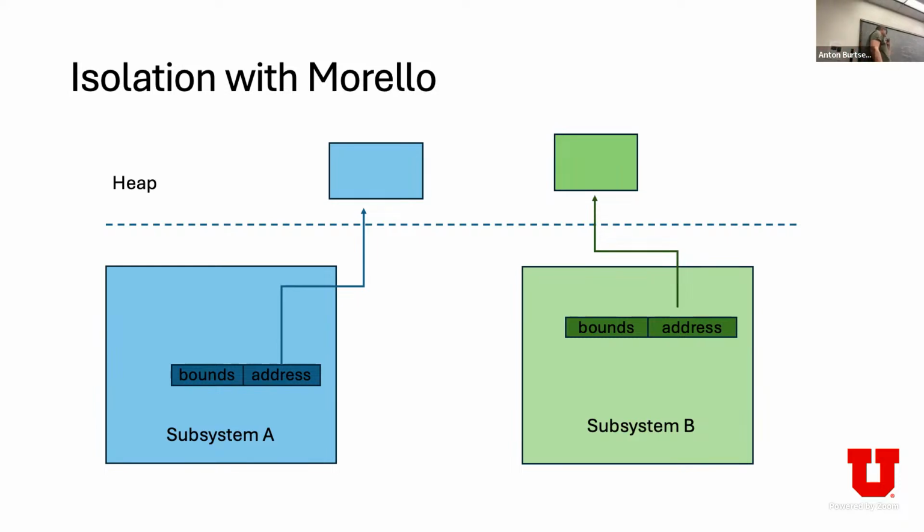My other philosophical observation, which is another weakness of Cherry, is that Cherry kind of pushes you to implement isolation at a very fine grain level, meaning that, for example, Cherry is not against passing the linked list across.